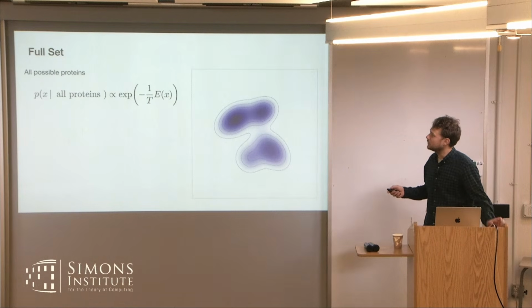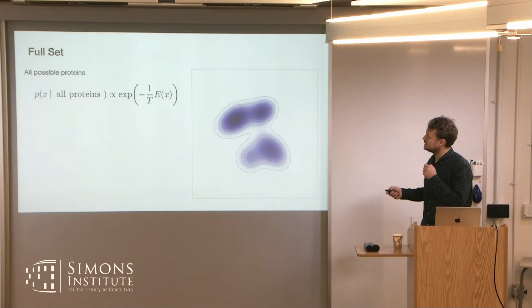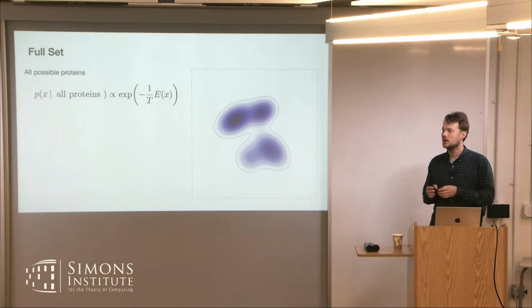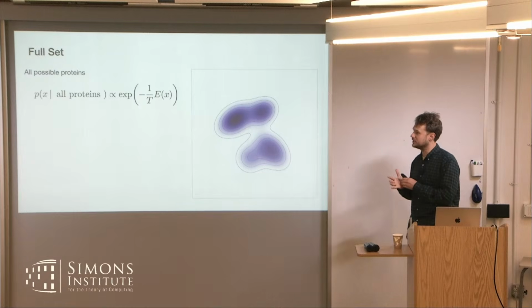For the full set, we're going to consider the set of all possible systems, all possible states. Here I suggest to think about proteins, because we're going to do an application for protein generation later.